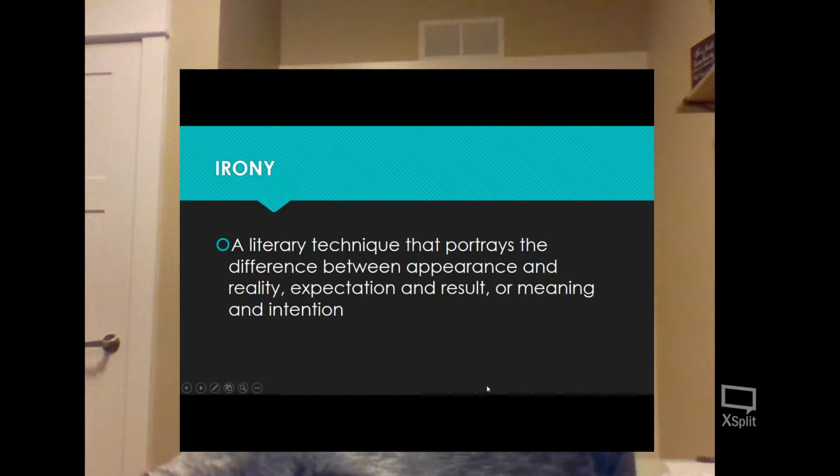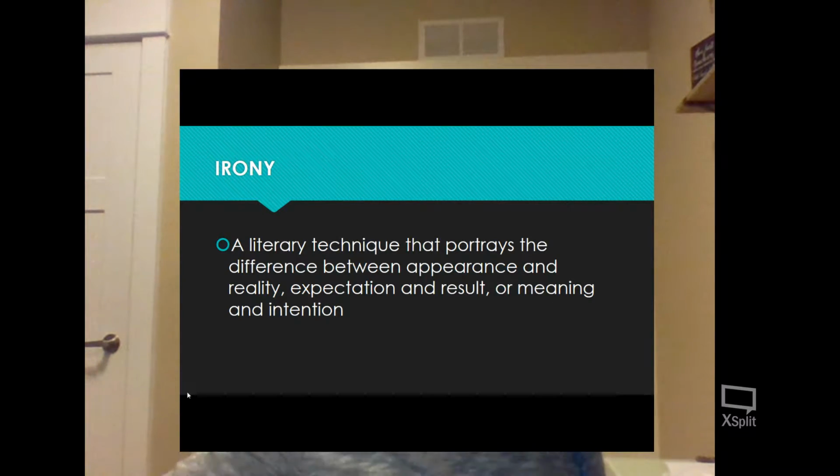Irony is kind of like you're trying to say one thing and it's not coming off quite as that. It's a way, how do I explain this, to divert what's real versus the meaning behind it. Let me show you some examples and I hope it'll make it more clear.